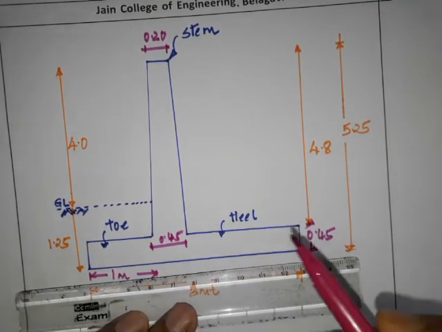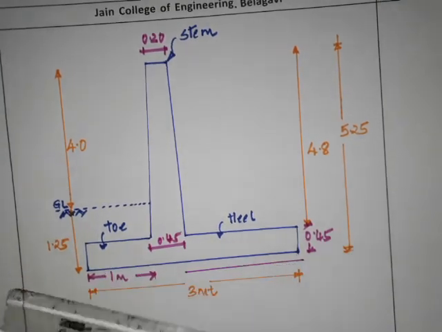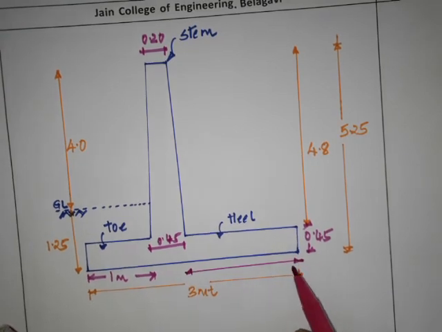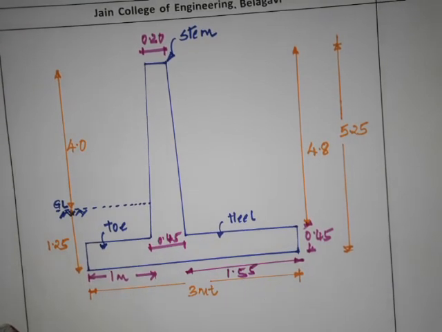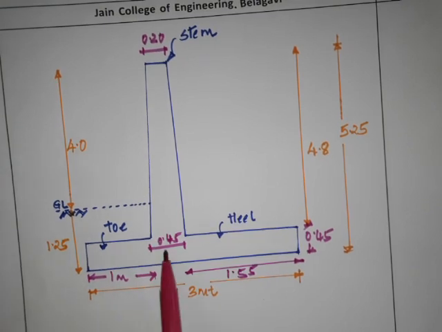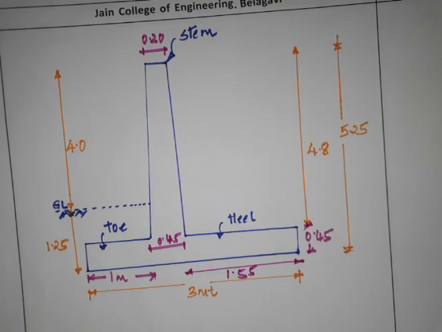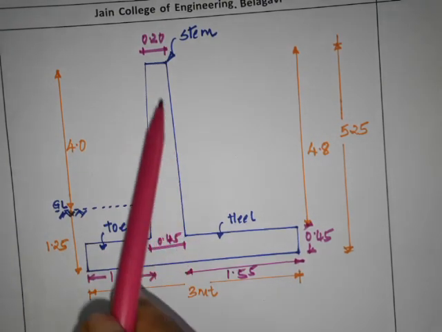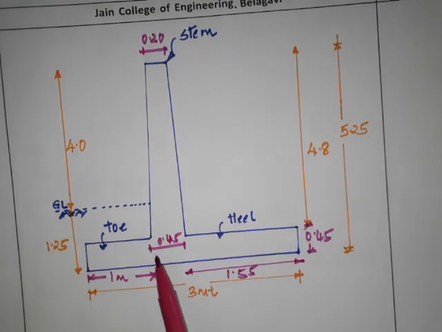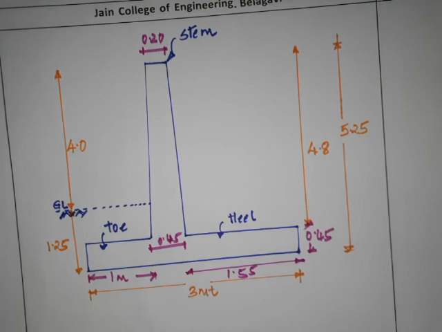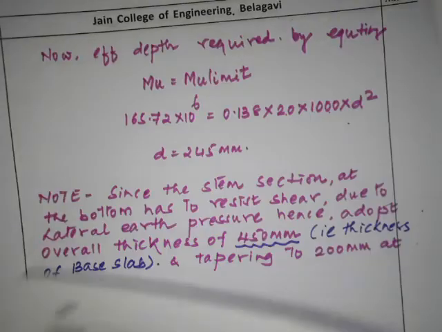So we will get these dimensions now. The projection of heel slab will be 1.55 meter, correct? 1 meter plus 0.45 plus 1.55, it should be 3 meter. So understood? We have got the dimensions of the retaining wall. We are left with stem dimensions. Now with respect to the bending moment and shear criteria, we have fixed the dimensions of the stem also, correct? So I'll write here.